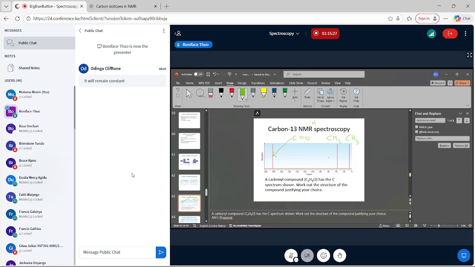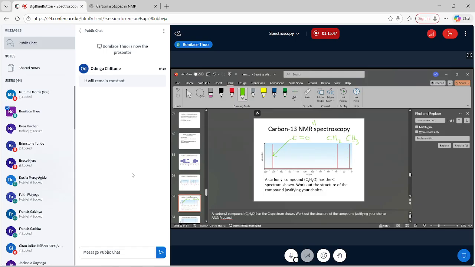So in essence, we are saying that just by looking at these 3 peaks, and seeing that we have 3 carbons in the compound, 1 is a carbonyl carbon, so we can assign a CO group. Then the other 2 carbons cannot be the same, okay?